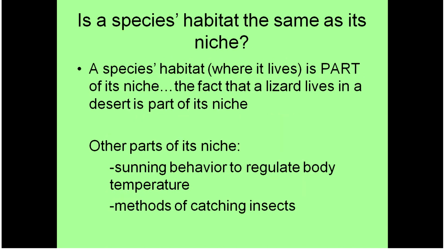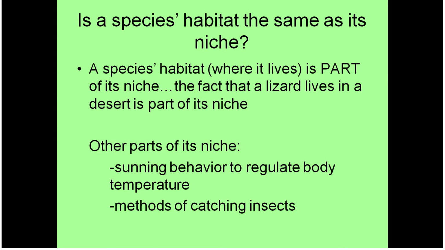Okay. You have a question on your packet that asks if a species habitat is the same as its niche. Please specify that the habitat is just where it lives. So for a lizard, the habitat might be the fact that it lives in desert. But there are other parts of that lizard's niche, other conditions that it can tolerate and resources that it can use.